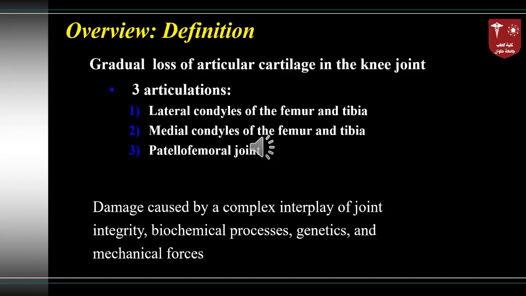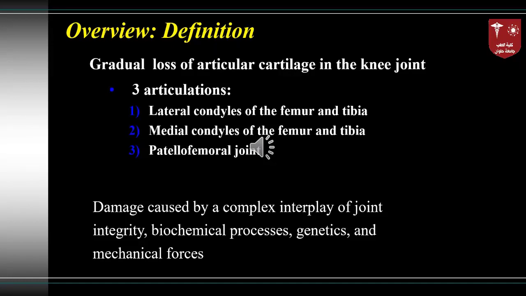Knee osteoarthritis can affect the three joints of the knee: the patellofemoral articulation between the patella and the head of the femur, the medial condyles of the femur and tibia, and the lateral condyles of the femur and tibia. The three joints can be affected. It is mainly a wear and tear problem, but the process is inflammatory, and many biomarkers and inflammatory markers are released.